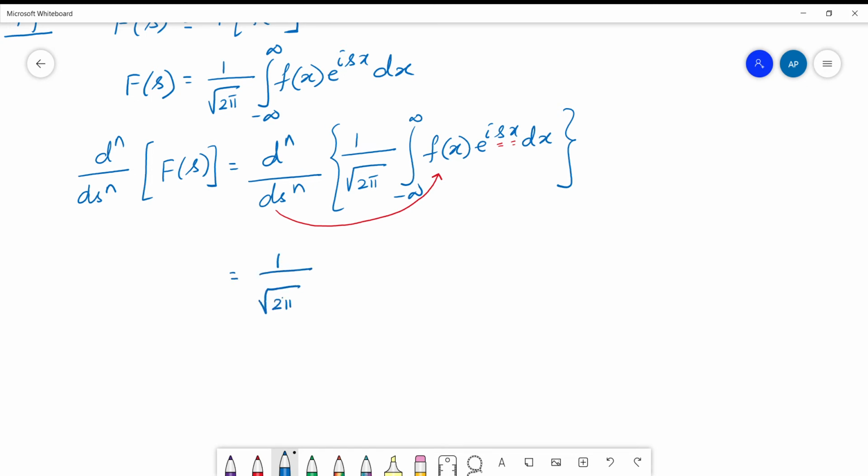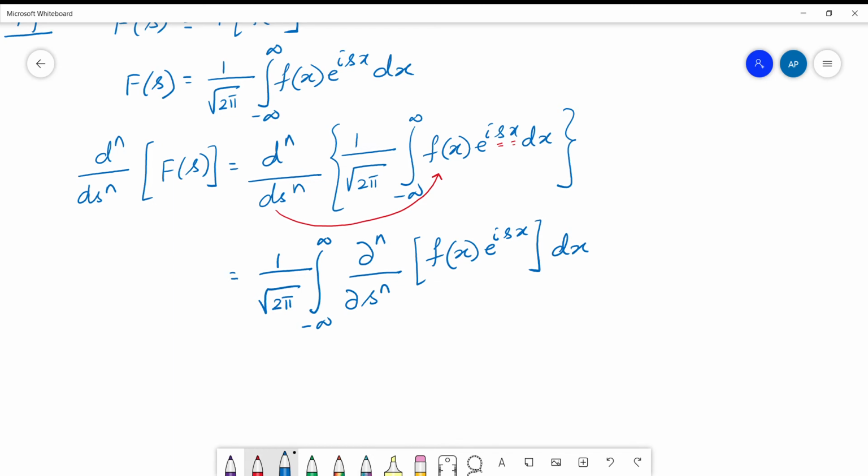It becomes 1 by root 2 pi integral minus to plus infinity. The ordinary derivative now changes to a partial derivative and thus we must write it as dou power n by dou s power n of f of x into e to the power isx. So this product has to be differentiated and then you of course write dx.